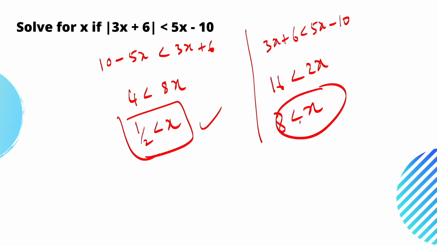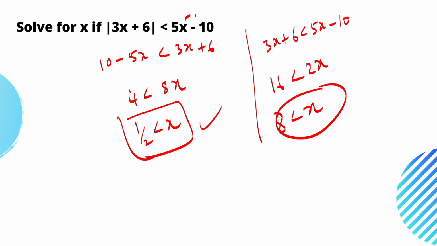So if we consider the first case, it is x is greater than 1 by 2, and second case x is greater than 8. So if we take the union of this, we can say that x must be definitely greater than 8. So if we substitute any value which is greater than 8 here, let us substitute 10.